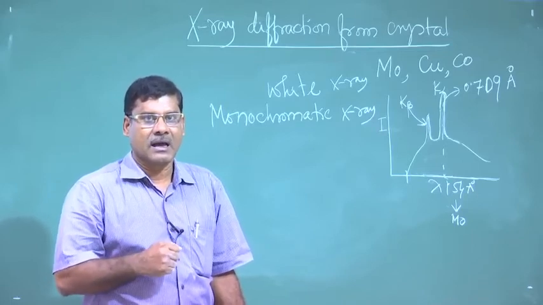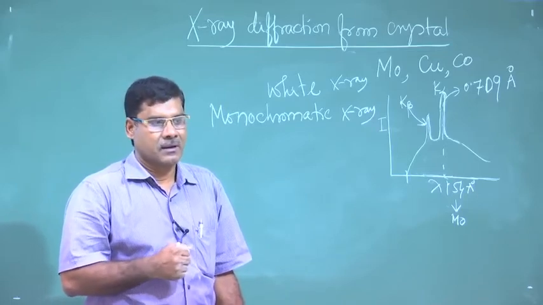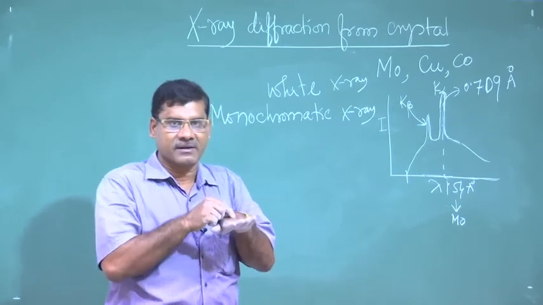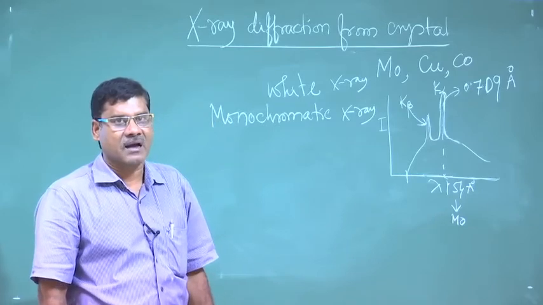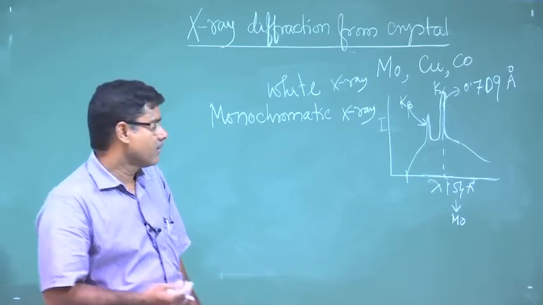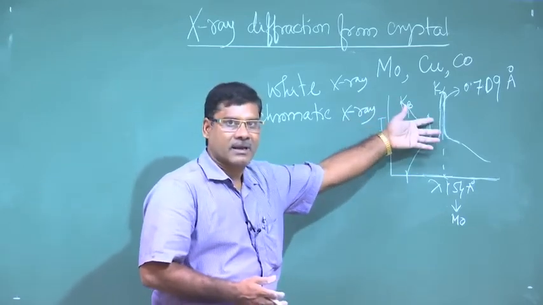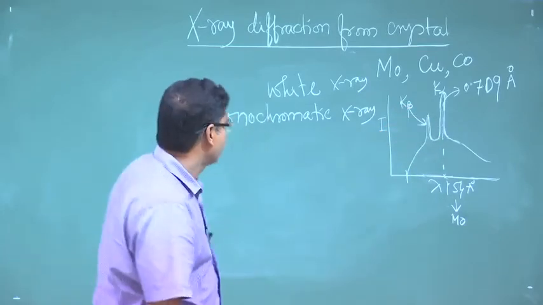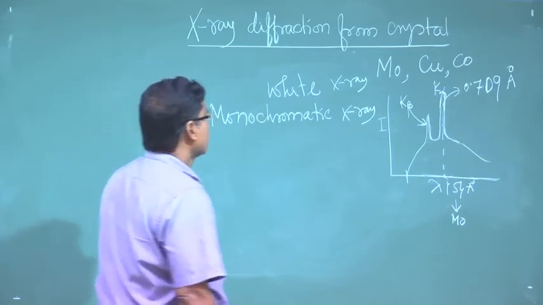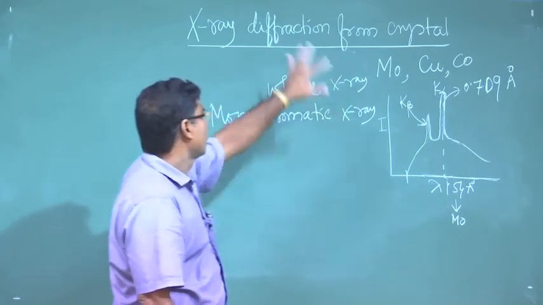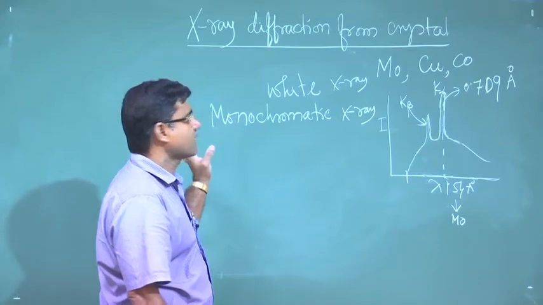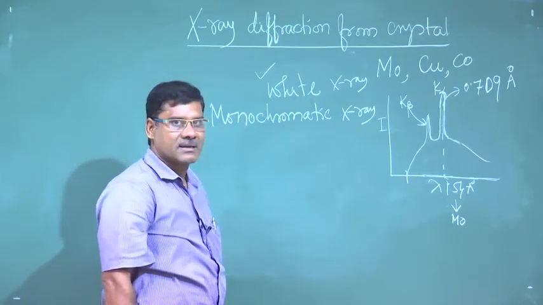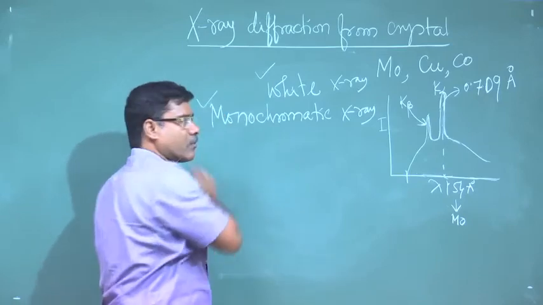This is one way. The other way is mirrored reflection, called Bragg reflection, that I will tell you later on, because before that I have to tell you something more. So, for X-ray diffraction from the crystal, we may need white X-ray, we may need monochromatic X-ray.